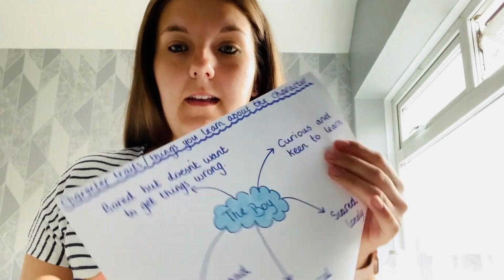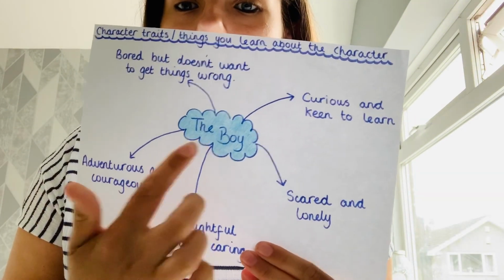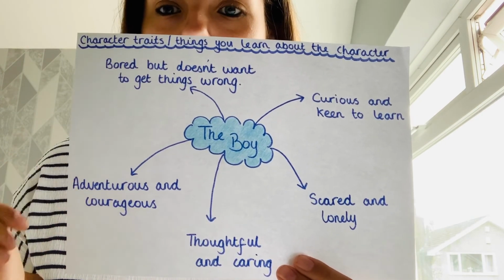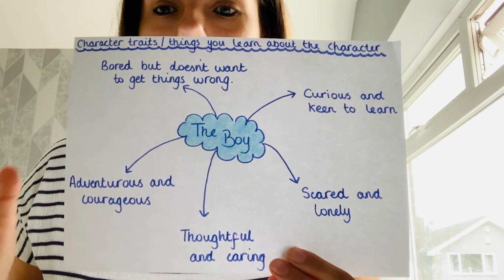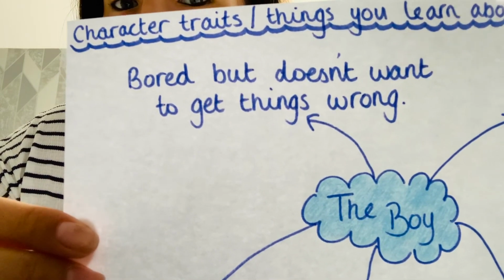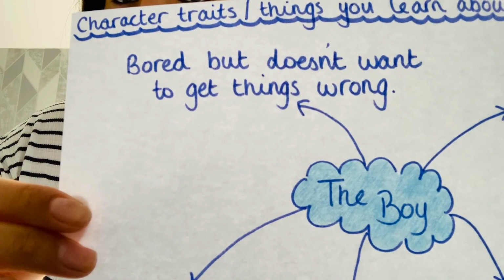So what I've done to start with is I've made a spider diagram with the boy in the middle. And then off the spider diagram, I've done all the different traits that I feel like the boy possesses up to that point in the story. So we have got, I feel like he's bored, but he doesn't really want to do the wrong thing.